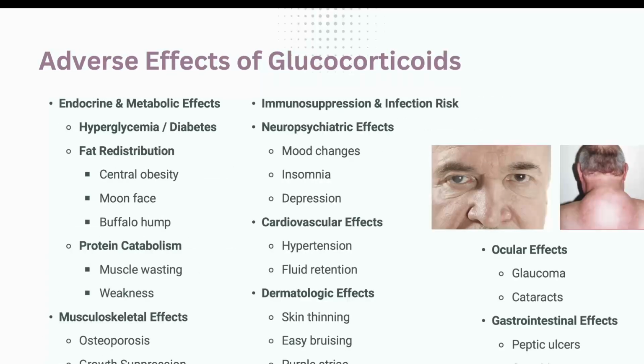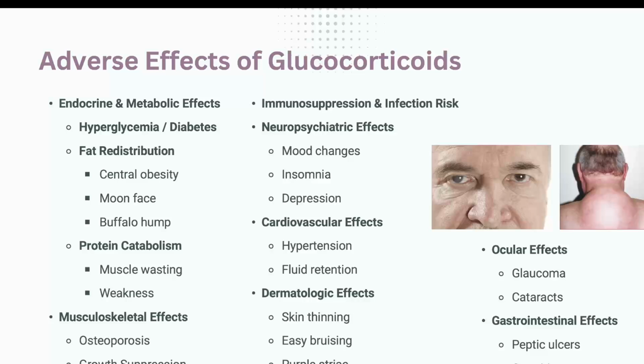About the side effects, of course, if you look at the list of the side effects, all the side effects we talked about in the previous slide. For example, one of the adverse effects is hyperglycemia. Hyperglycemia is caused by an increase in gluconeogenesis and fat redistribution.